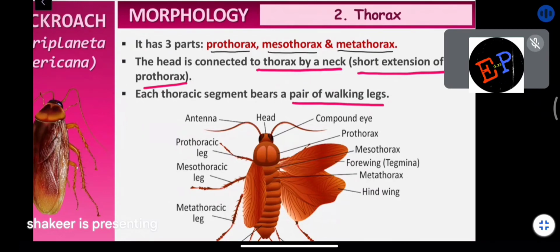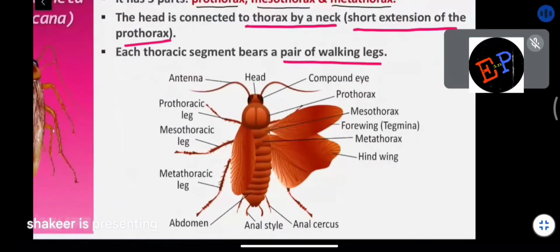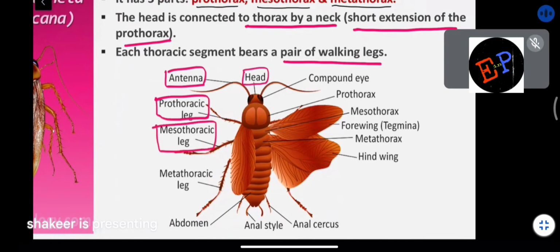Clear? So in the figure you can find here. This is the head region of this cockroach. These are the antennae, and this is the prothorax leg, the leg which is attached to the prothorax region. In the mesothorax region you can find one leg, and in the metathorax region also you can find one leg. Similarly, on the other side you will find another 3 legs.